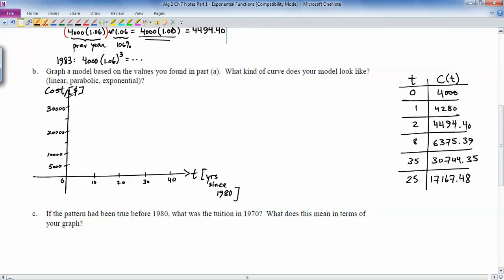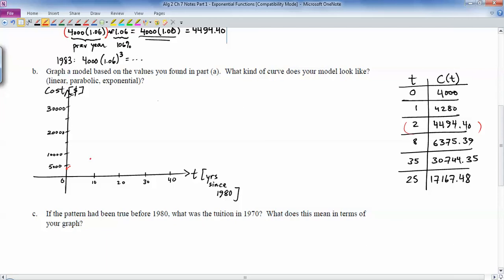Okay, so let's plot some of these points. 0, 4,000 would be right about here, let's say. And then 1, 4,280 is really, really close to it, like there. 2, 4,494 is also pretty close to that, so maybe like there. 8, 6,375, that's a little bit higher, maybe like here. 35, 30,000 is way up here.